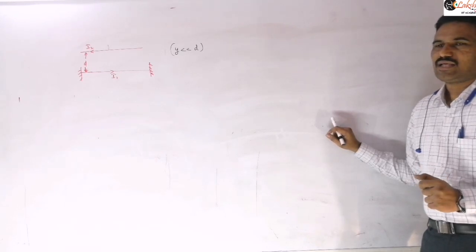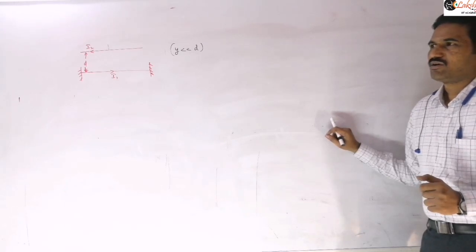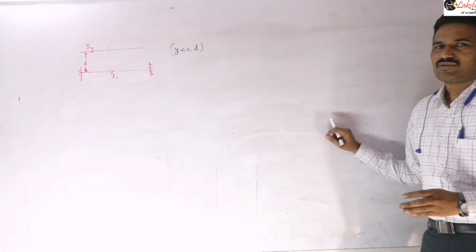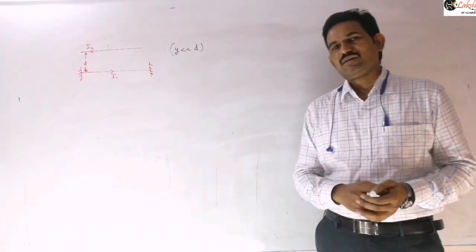Lambda is the linear mass density of this wire. Right? So is it clear?